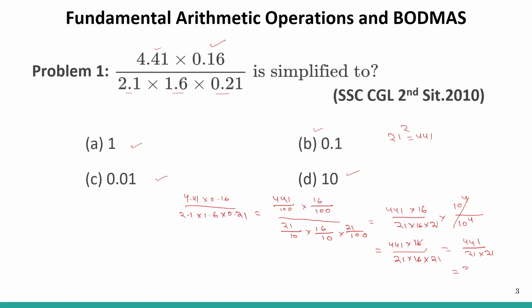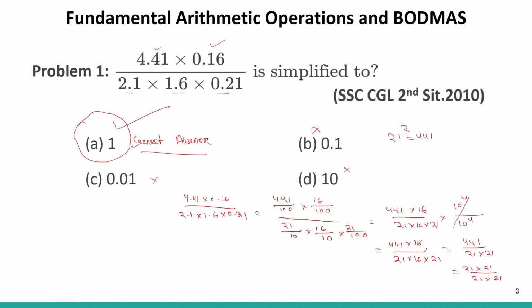This is equal to 21 into 21 whole by 21 into 21, which is nothing but equal to 1. So this is the correct answer. The other options are wrong. This is the only correct answer.